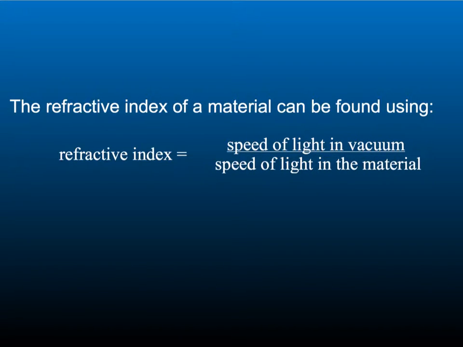Refractive index equals the speed of light in a vacuum divided by the speed of light in the material. The refractive index does not have any units. This is because the speed of light in a vacuum is metres per second and the speed of light in the material is metres per second. Therefore, these two units cancel out, leaving this quantity unitless.